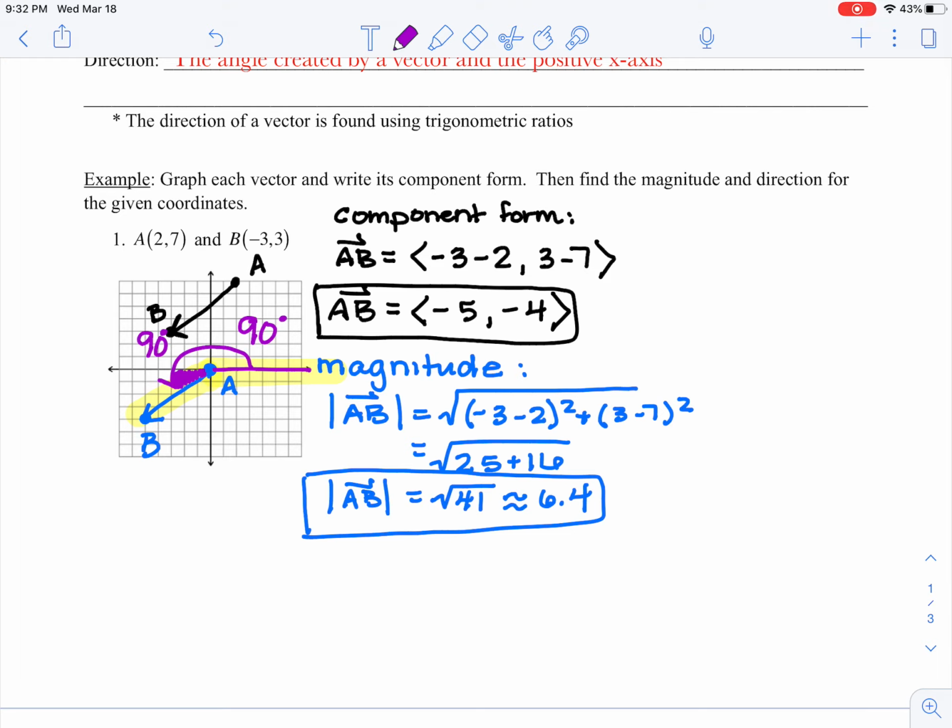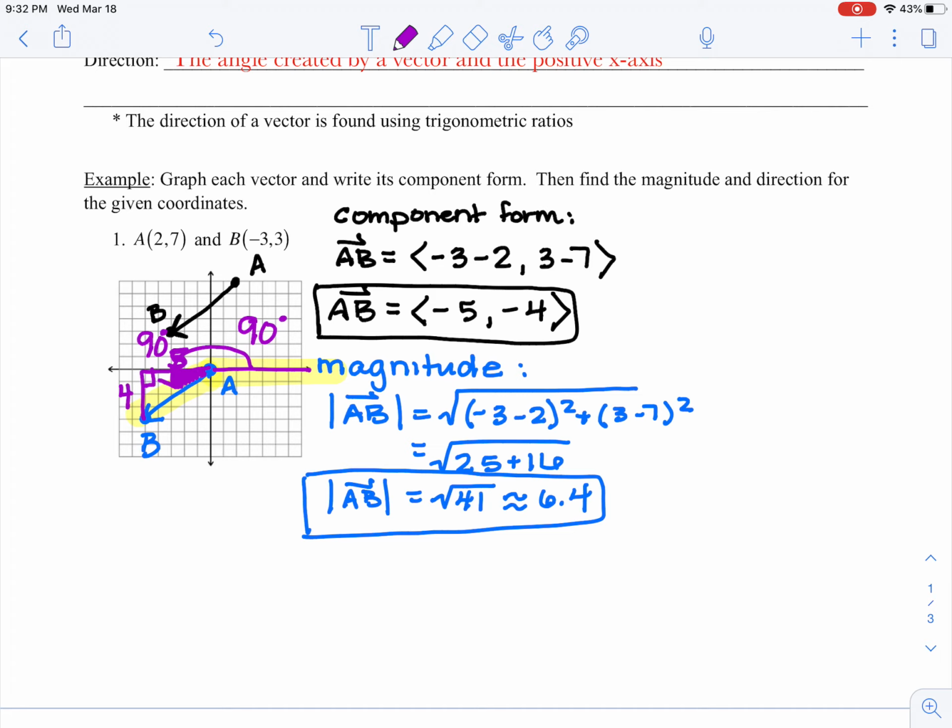Our trig functions only work on right triangles, so we're going to use our vector and create a right triangle where the vector is our hypotenuse. We know because of the length and the component form of our vector that this side of our new triangle is now 5 units long, and the left side of our triangle is 4 units long.